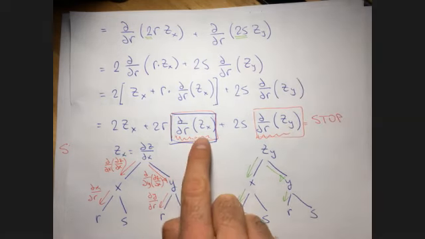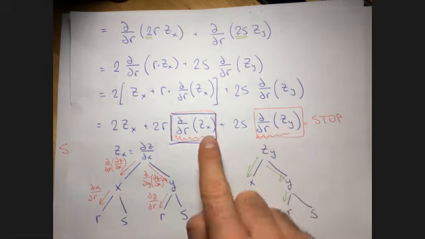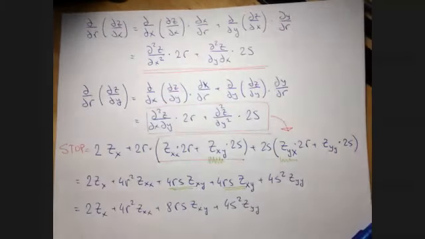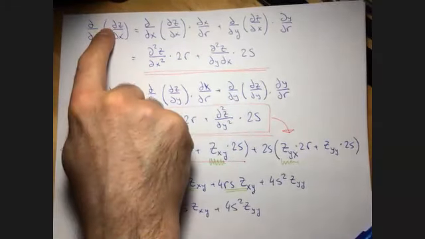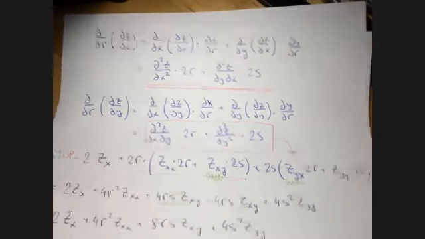When I got into applying the chain rule to the first order partial derivatives, I had to stop for a second, evaluate those on the side, and then plug everything back in and simplify the expression. Any questions? All good, okay.